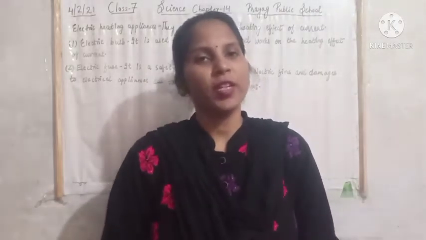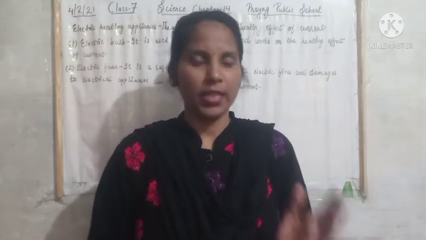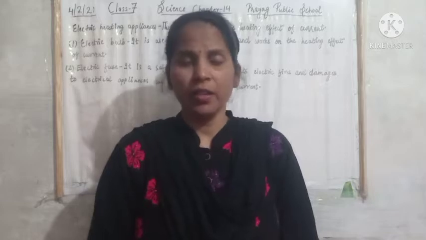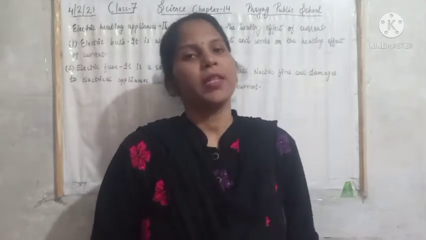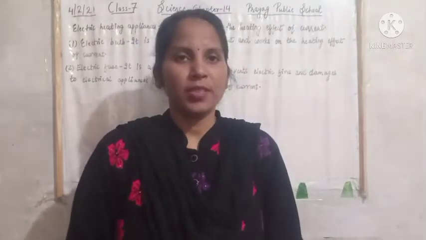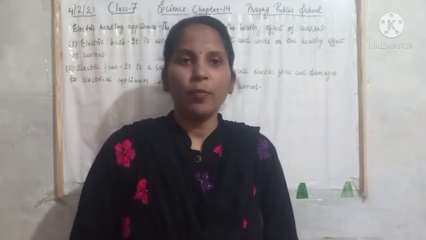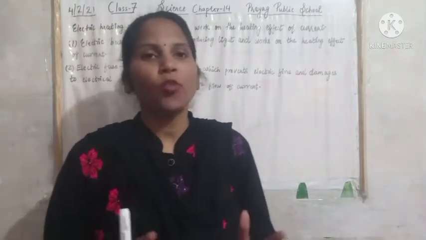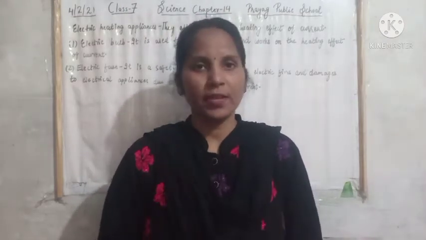There are a lot of electrical appliances which work on the heating effect of current, like geyser, iron, bulb, etc. Now we will see the example of, first of all, the room heater. So what happens in this? The room heater has a wire, that's a filament, made up of nichrome, and we know nichrome is a very high resistance metal and it offers very high resistance.